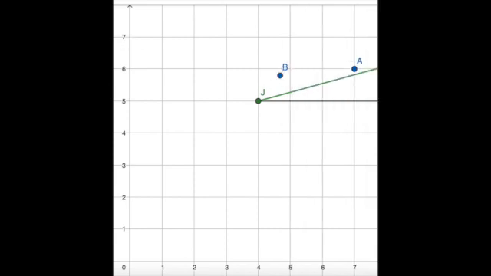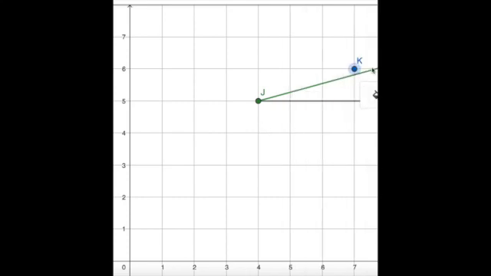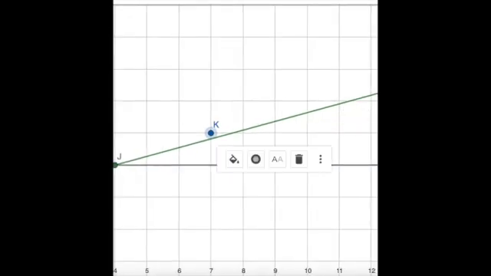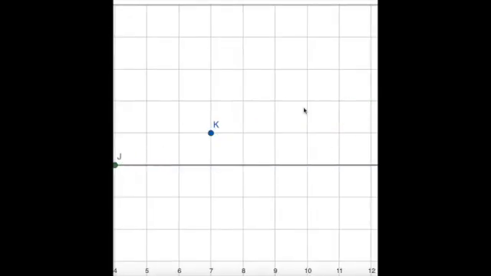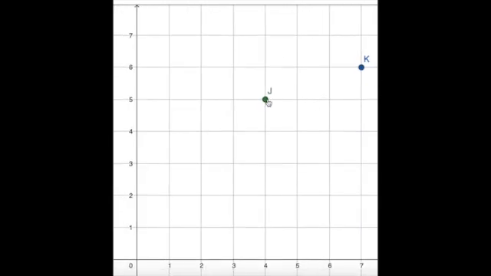I should have done this beforehand. Okay, so this is going to be point K. Now I'm going to get rid of this one and this one. Okay, cool.